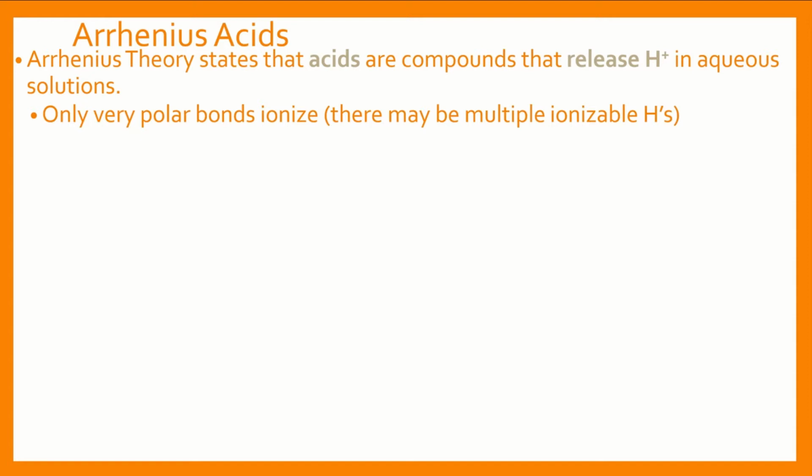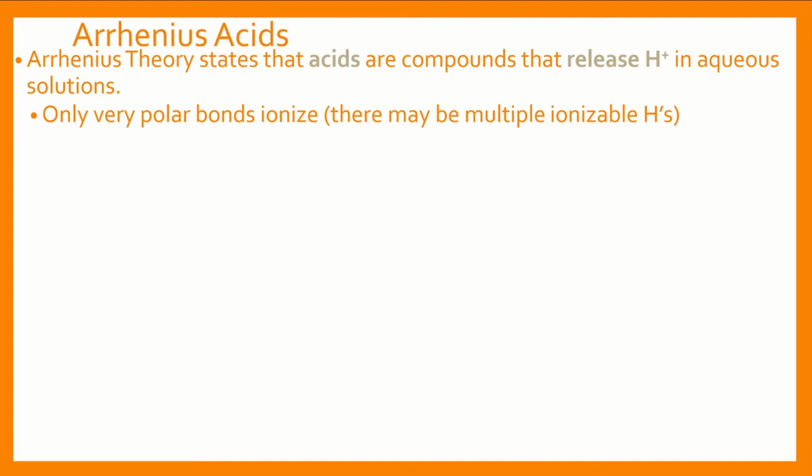So, for example, hydrocarbons tend not to ionize. Remember, we know the polarity of a bond based on the difference of electronegativities. The difference of electronegativity between a carbon and a hydrogen is very small, something like 0.3 or 0.4, not technically polar.